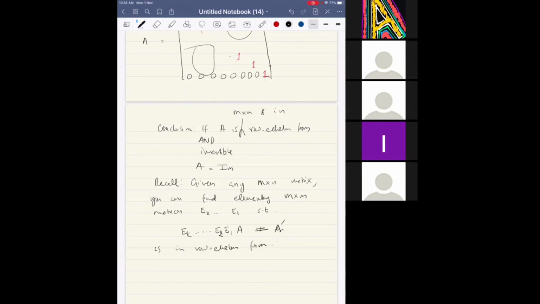So this is a general statement. M is not necessarily N.